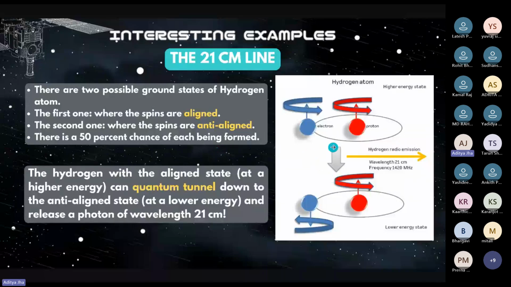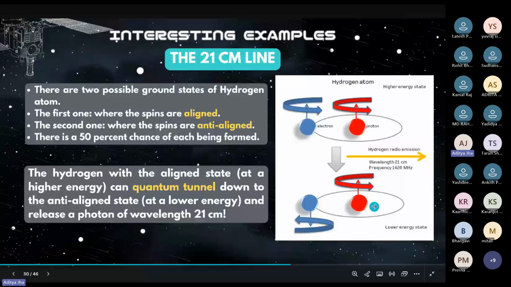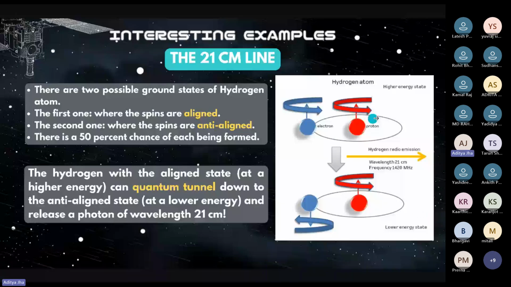The aligned state has a higher energy than the anti-aligned one. When the aligned state transitions to the anti-aligned state, it loses energy, and this energy manifests as a photon of a wavelength of 21 centimeters. So you got it?